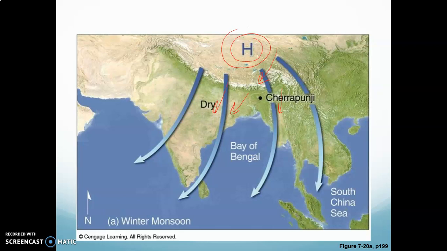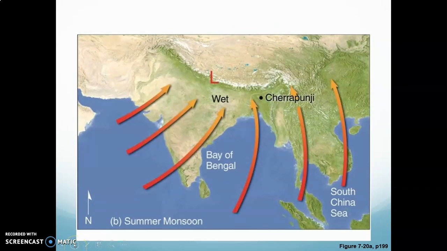But then in the summer, this high pressure disappears and is replaced by a low pressure. Well, low pressure air is being pulled in counterclockwise around a low, like so, which is pulling all sorts of wet, warm, moist air from the Indian Ocean into India and the surrounding areas.